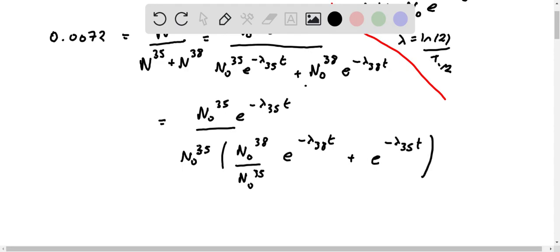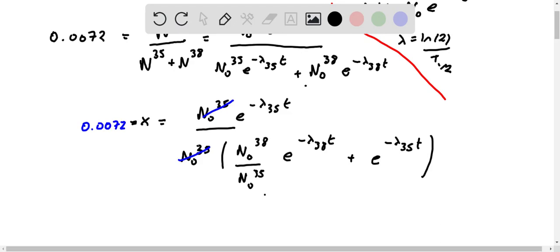Okay, so this here cancels, and we're just going to say that this is equal to 0.072, and we're just going to call this x, just to make the algebra more tidy.